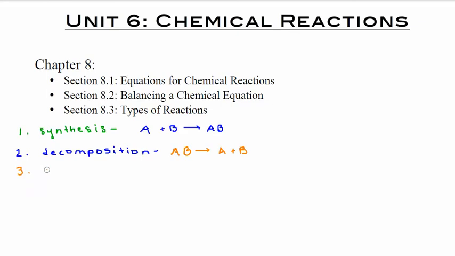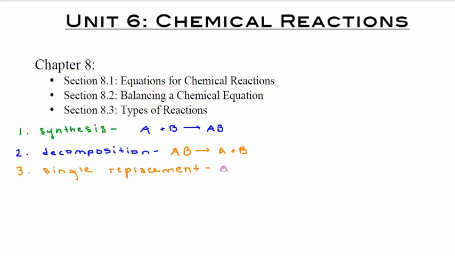The third type is single replacement reactions. And in a single replacement reaction, what happens is you have a compound that is formed with two different elements, and then you've got one lone element all by itself, and it actually kicks out one of the elements that is in the original compound.